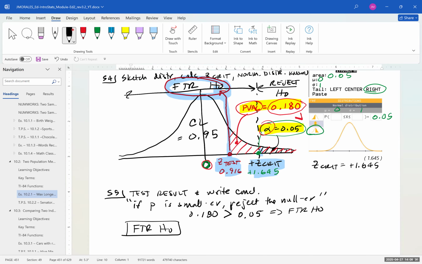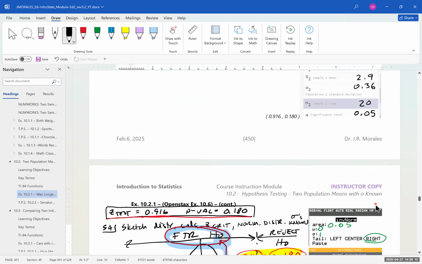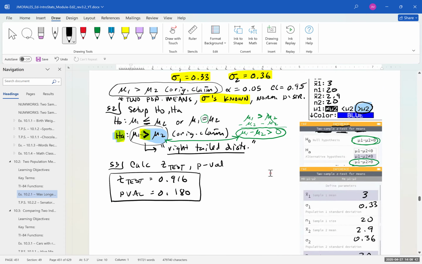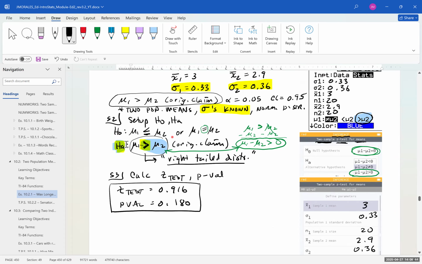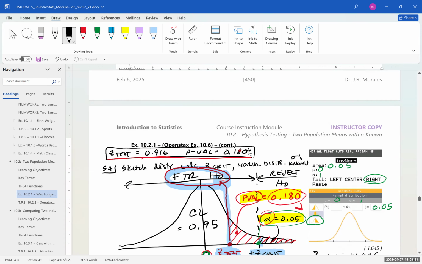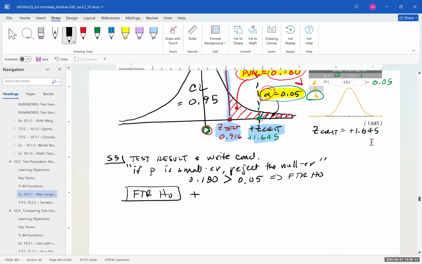Okay, now we need to couple that with what our original claim was. So what was our original claim? The alternate hypothesis was our original claim. Okay, so we're going to come here, and the alternate hypothesis was the original claim.